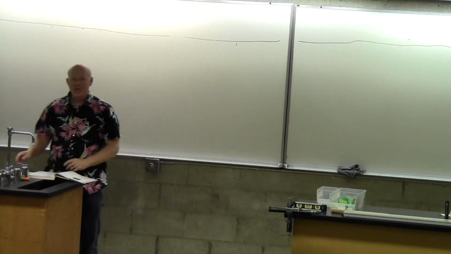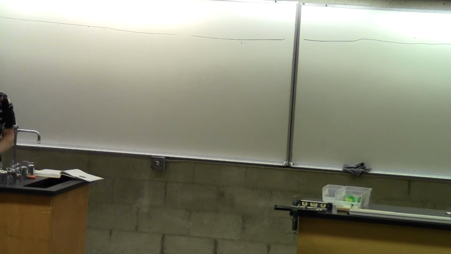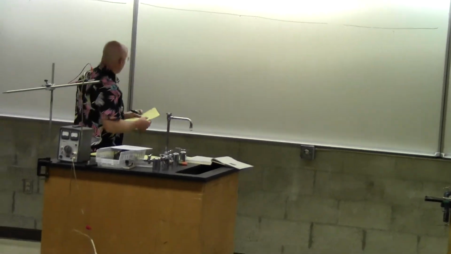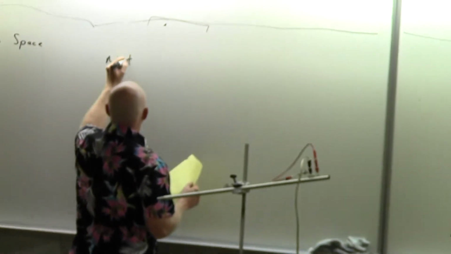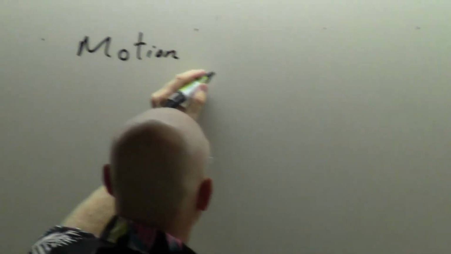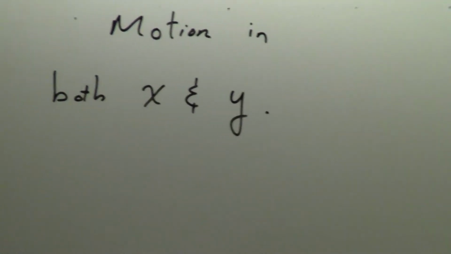And so that's why we call it motion in space. It's a little more than what we have done. And so I like to say this: motion in both x and y.